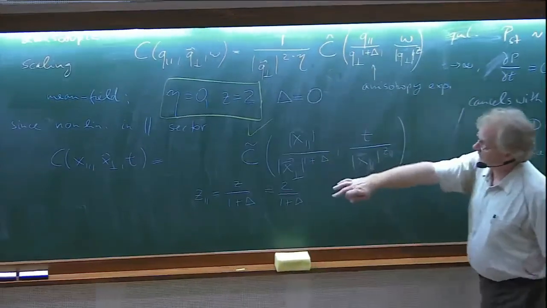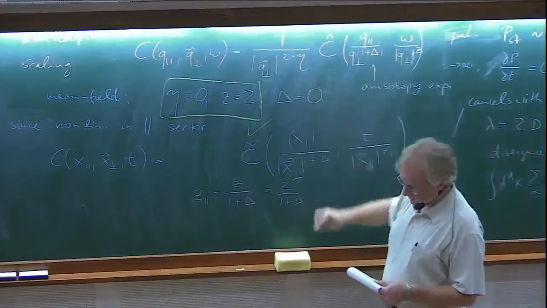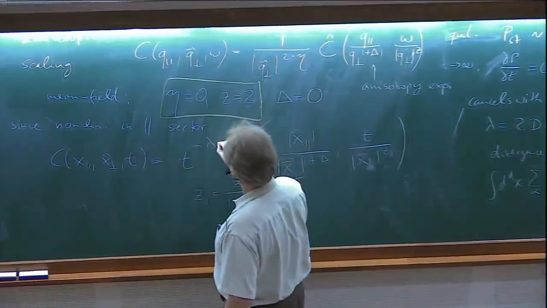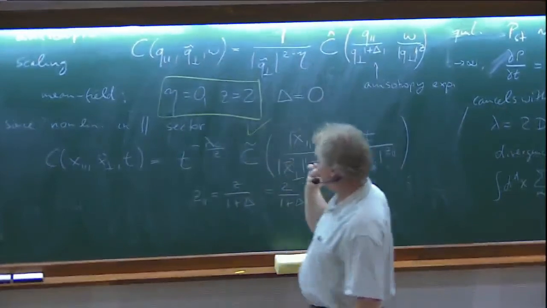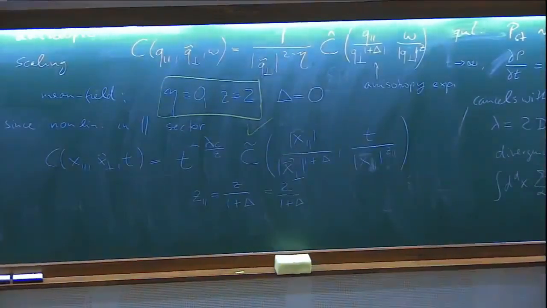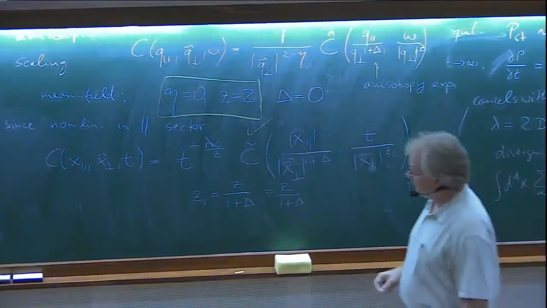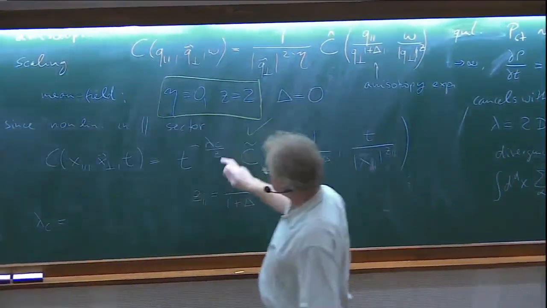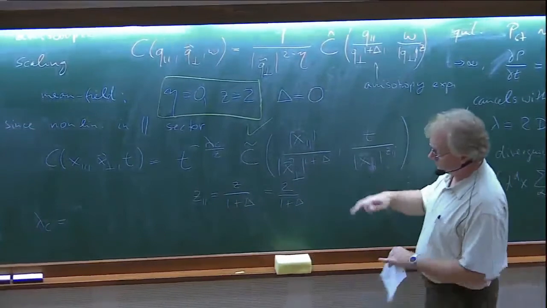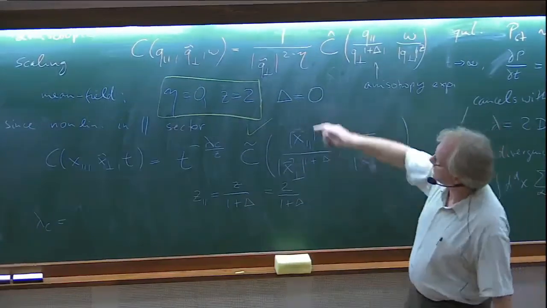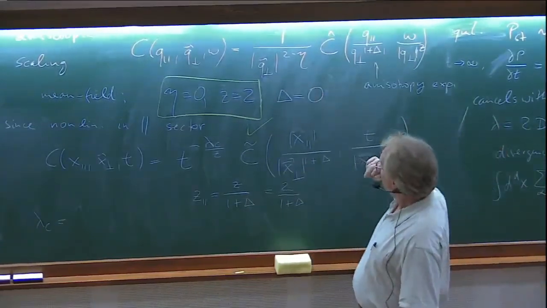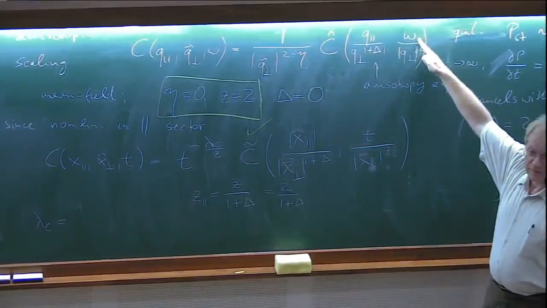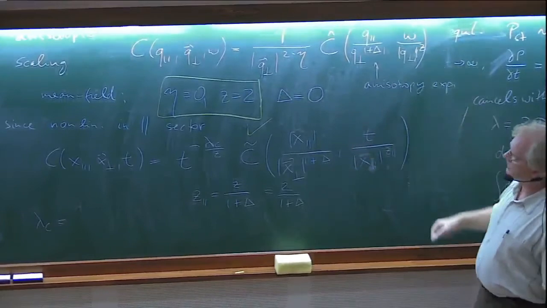Well, there's a prefactor. I need to change these Q perps. So what do I need to do? Let me write this in time space and define this exponent lambda C. That's the autocorrelation exponent divided by the dynamic exponent, and try to argue what lambda C is. So the 1 over z just comes about as I change from X to T. So I just need to get from here to X's. What I need to do in my Fourier transform, I need to do a frequency integration that picks up an exponent of z somewhere.